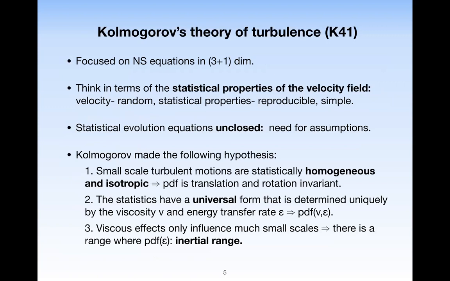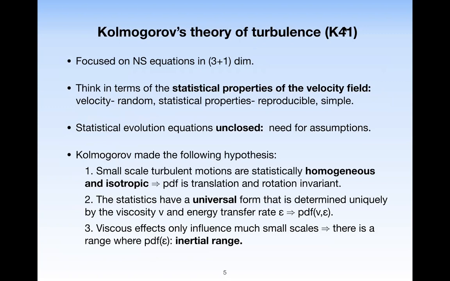So Kolmogorov published his theory in 2 seminal papers in 1941, and this is precisely the reason why this theory is sometimes referred to as K41. Okay. And in his theory, he focused mainly on Navier-Stokes equations in 3+1 dimensions.